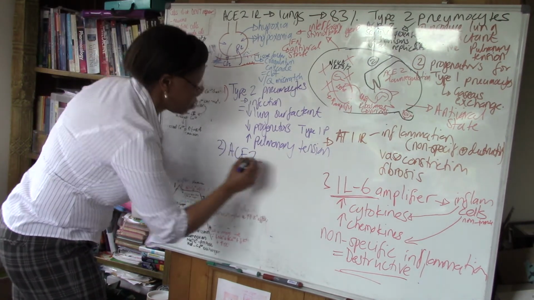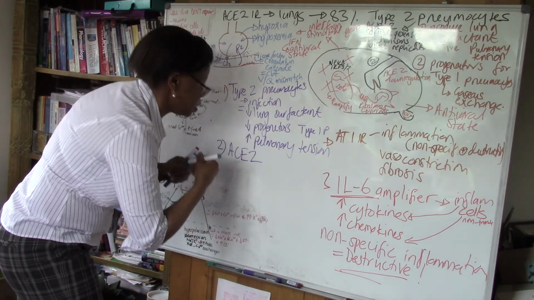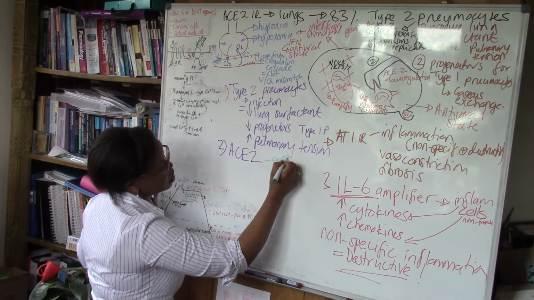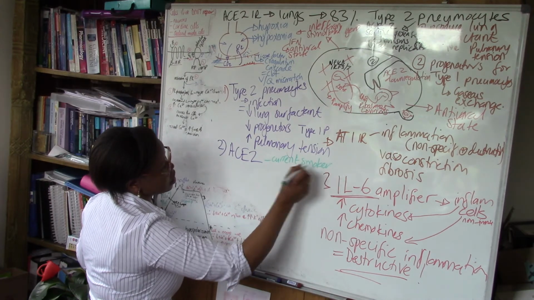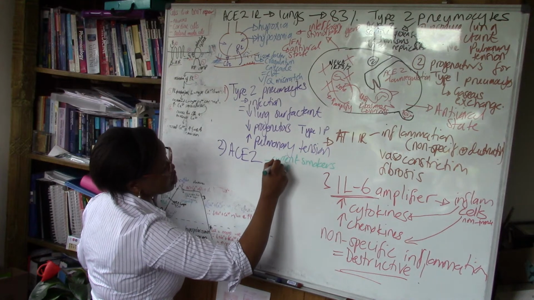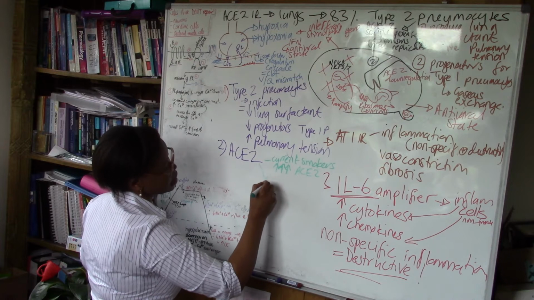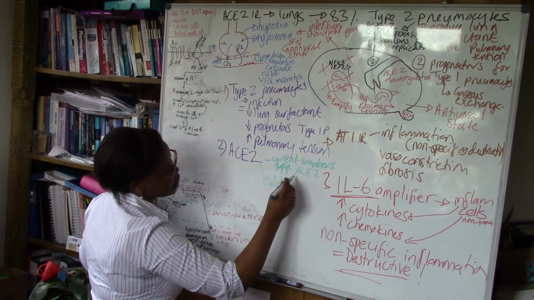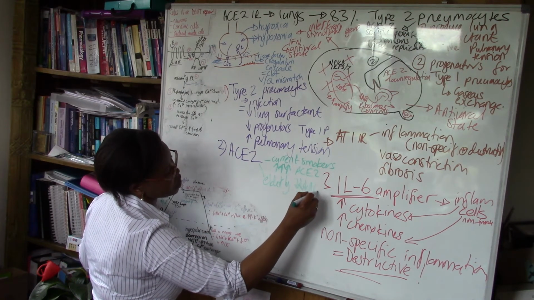For example, current smokers have high expression of ACE2, while the elderly have low expression of ACE2.